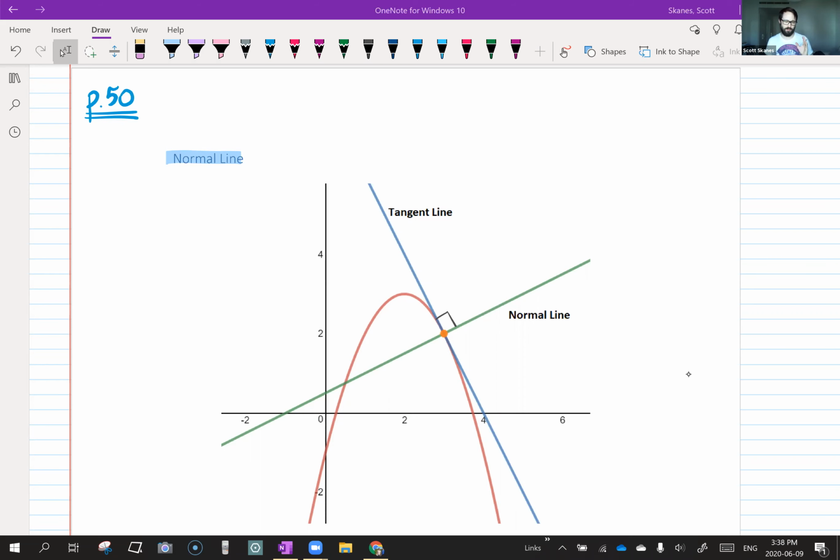And going back to our derivatives, we did our mixed derivatives, higher order derivatives, so first, second, third, fourth, fifth derivative. We have done implicit differentiation, which is where we have y in the middle of the equation and we get a y prime value out of it. And today we are going to finish our tangent and normal lines, which is actually a pretty simple topic.